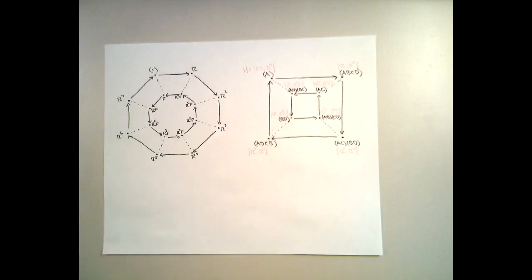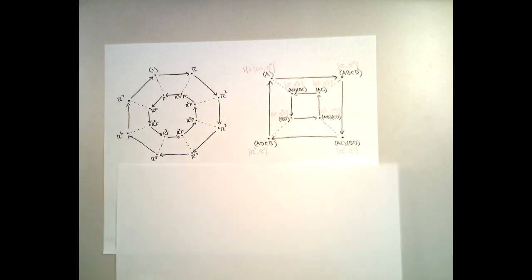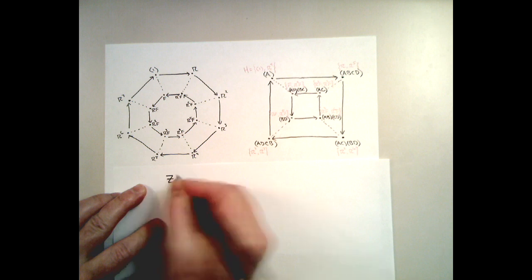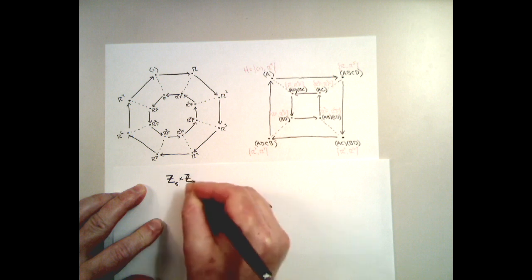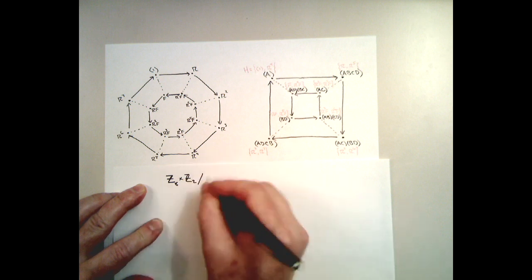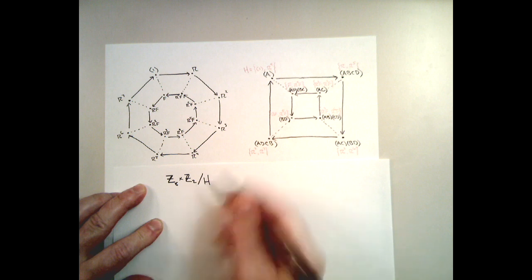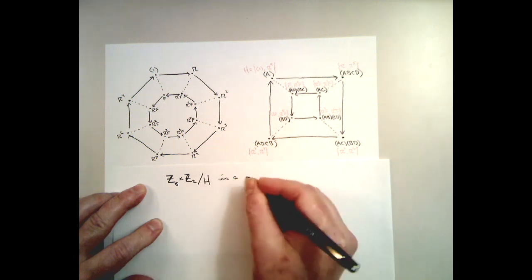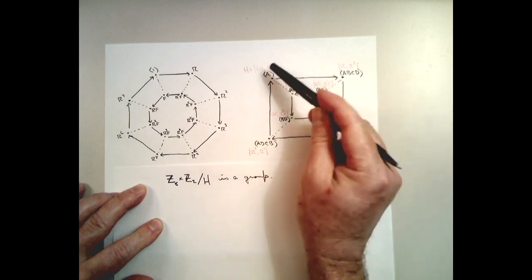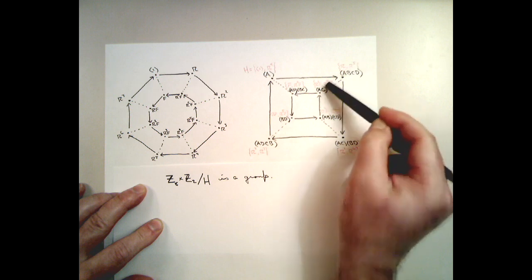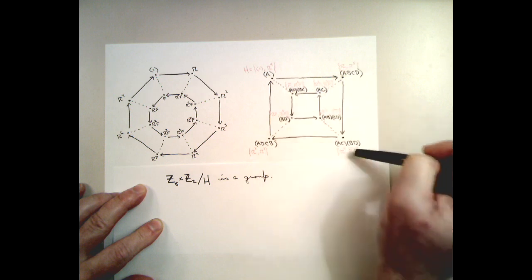So we know a couple of things now. Given that H really is a normal subgroup of Z8 cross Z2, if I factor out H, I know that this gives me a group, right? The cosets are the elements of that group.